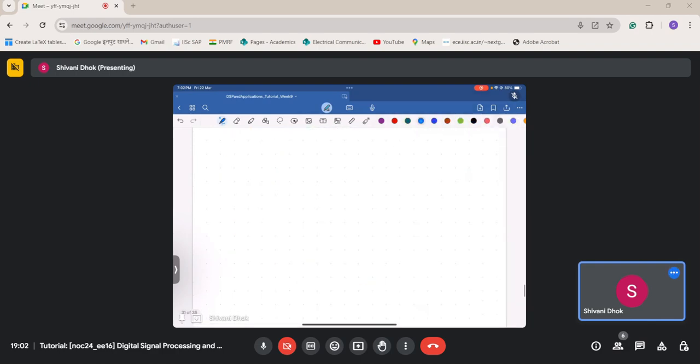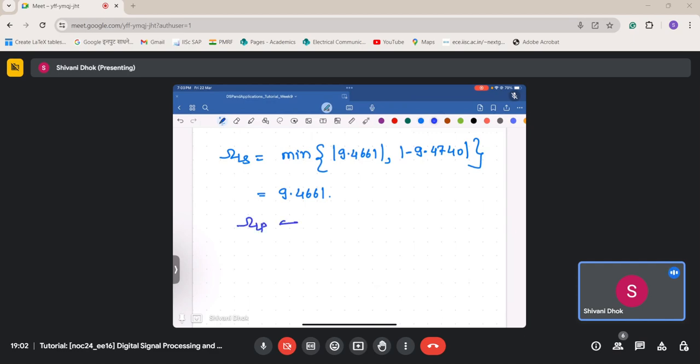So therefore omega LS is the minimum of magnitude of 9.4661 and magnitude of minus 9.4740, which means omega LS is 9.4661. So now we have omega LP set as 1 and omega LS equal to 9.4661. So now we know these three things.